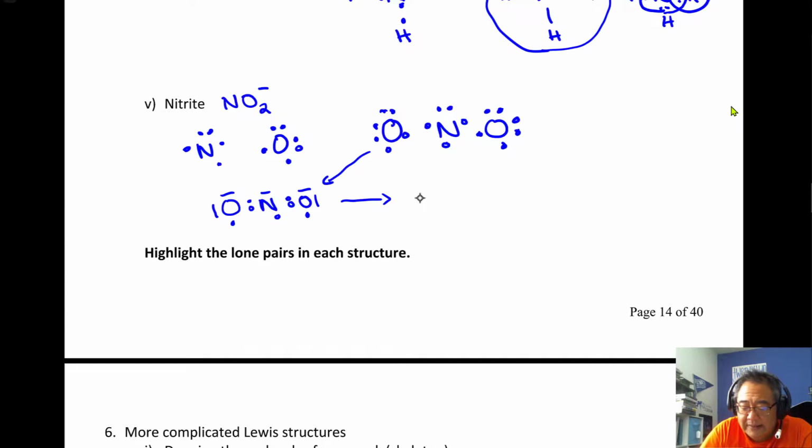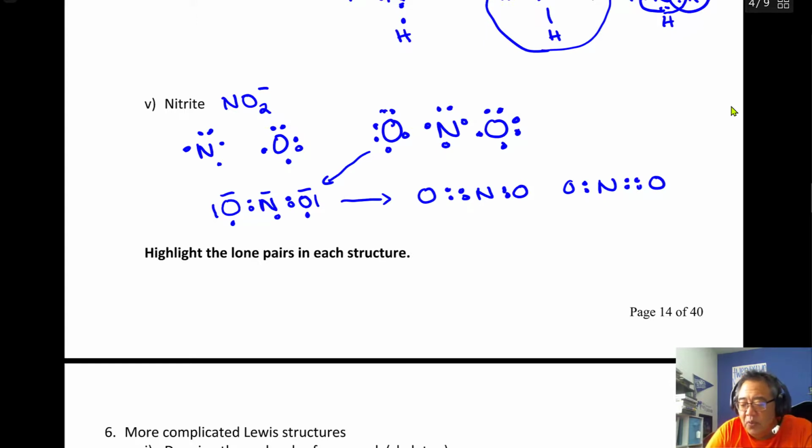I can either draw it like this. Oops, sorry, I want to put the O on the outside. I can either draw it like this, or I could draw it like this with all the other things filled in.